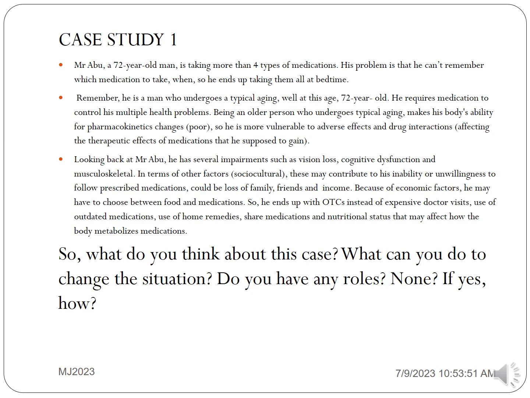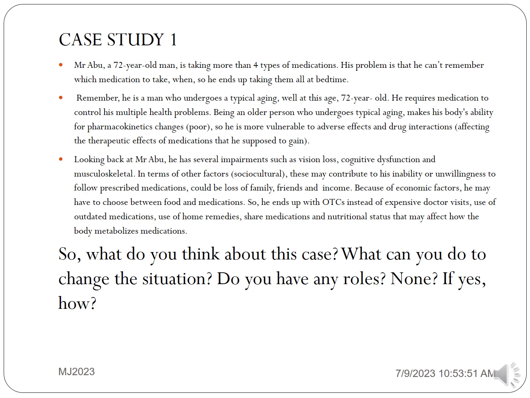At 72, he requires medications to control his multiple health problems. Being an older person undergoing typical aging, with pharmacokinetic changes in his body, he is more vulnerable to adverse effects and drug interactions, affecting the therapeutic effects of the medications he is supposed to gain.